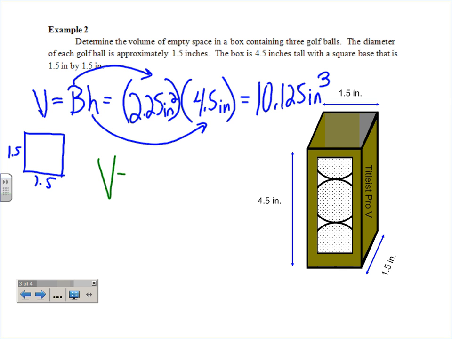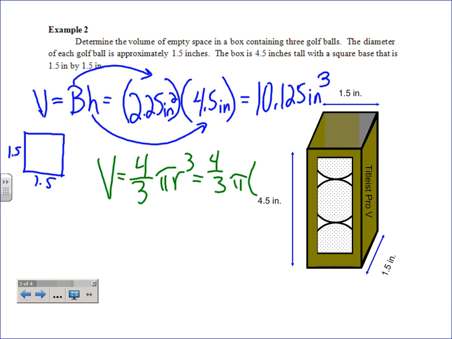So in green up here, we will do the golf ball, and that formula is 4/3 pi r cubed. And again, I'll probably take you to the calculator here in a second and show you the best way, especially on the TI-83, to deal with that 4/3. So 4/3 pi, well, it says the diameter is 1.5.